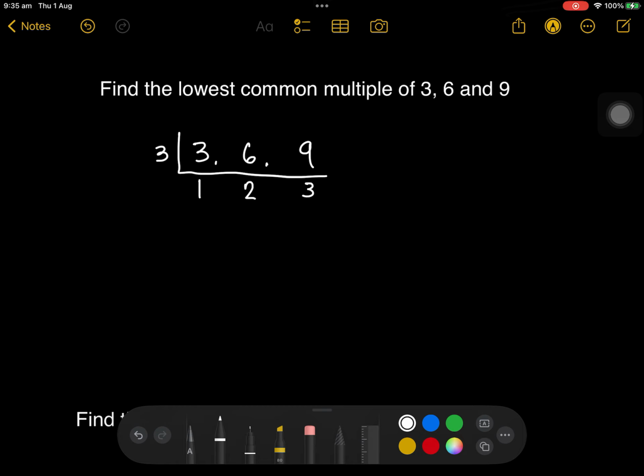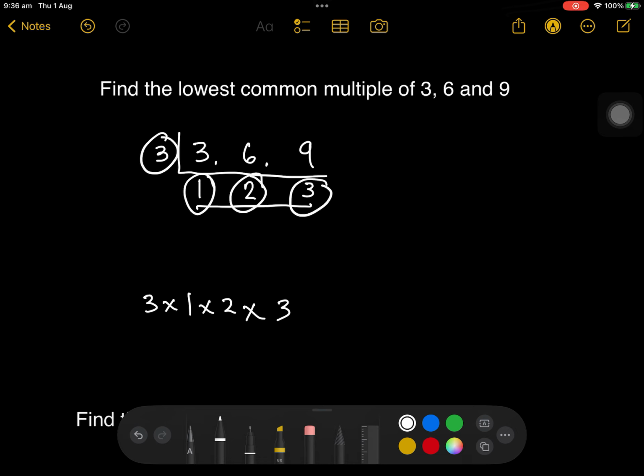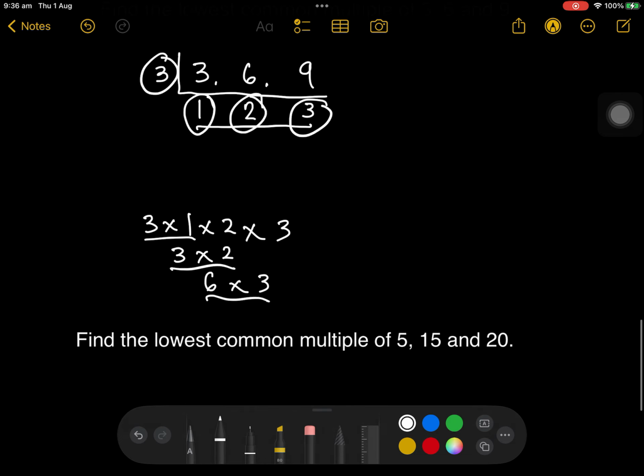Since I cannot divide these numbers anymore by a single number, I just multiply them. So 3 times 1 times 2 times 3. 3 times 1 is 3, times 2 is 6, times 3 is 18. So therefore, the LCM of 3, 6, and 9 is 18.